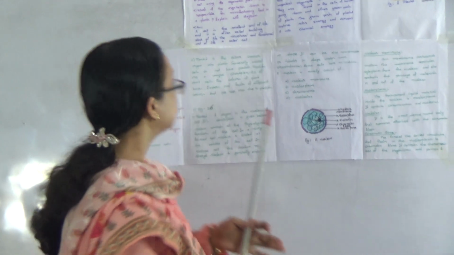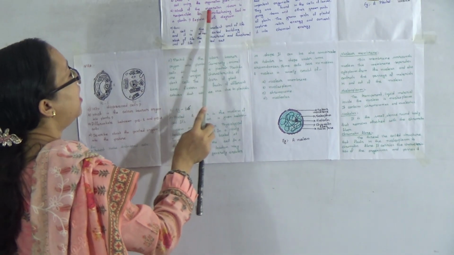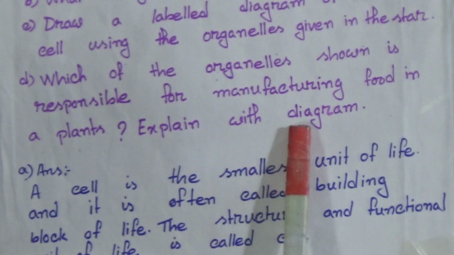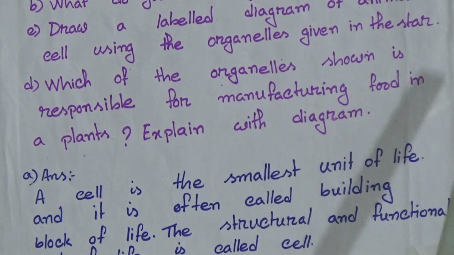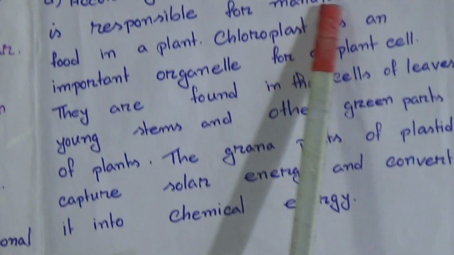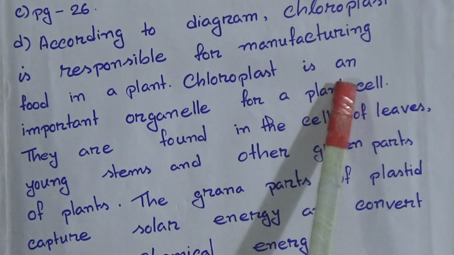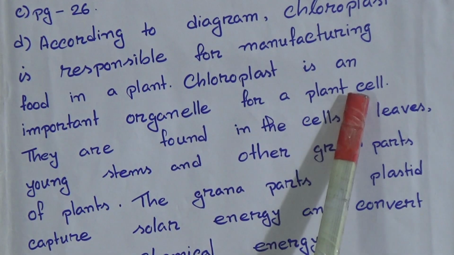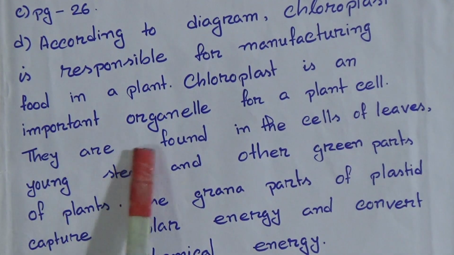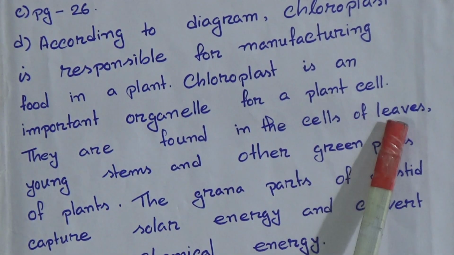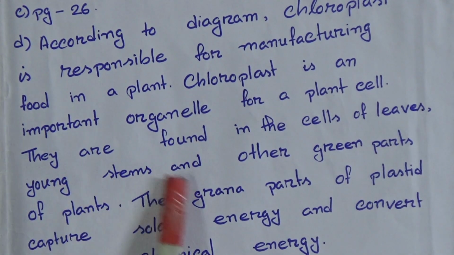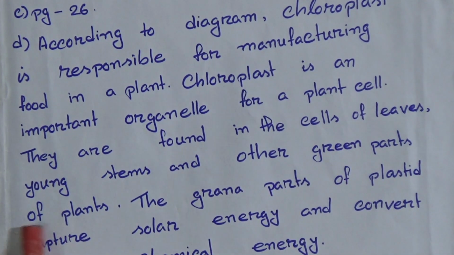Now we will discuss answer D. Which of the organelles shown is responsible for manufacturing food in a plant? Explain with diagram. Answer. According to the diagram, chloroplast is responsible for manufacturing food in a plant. Chloroplast is an important organelle for a plant cell. They are found in the cells of leaves, young stems, and other green parts of plants.